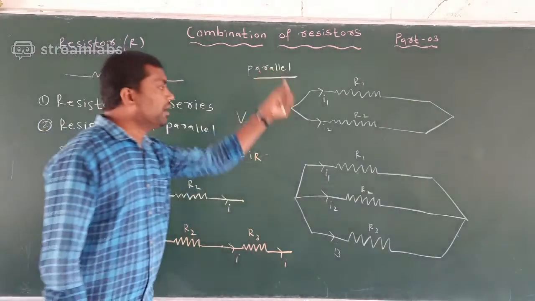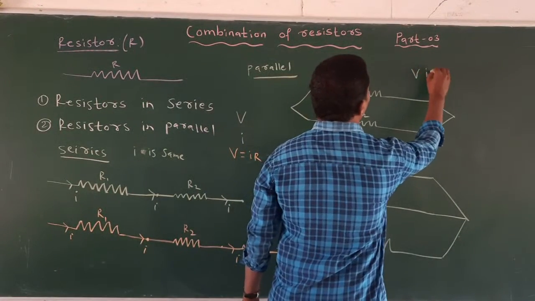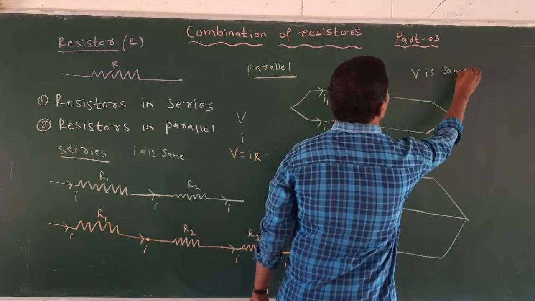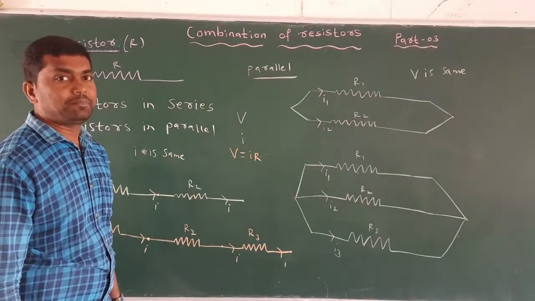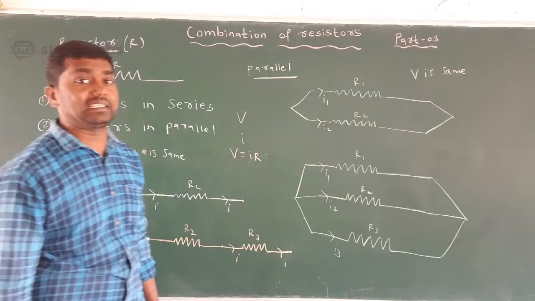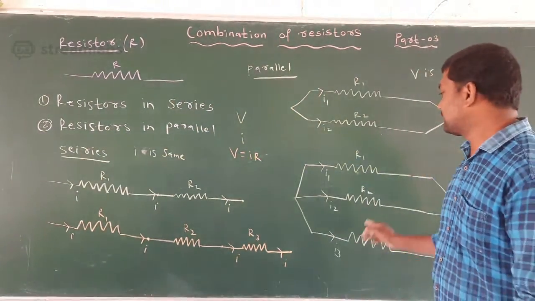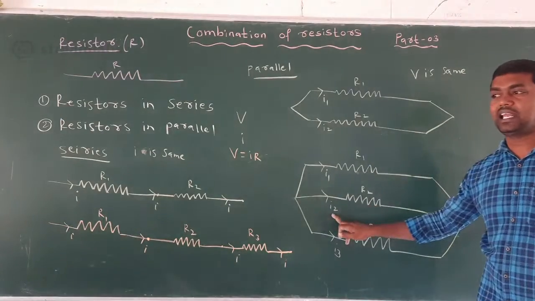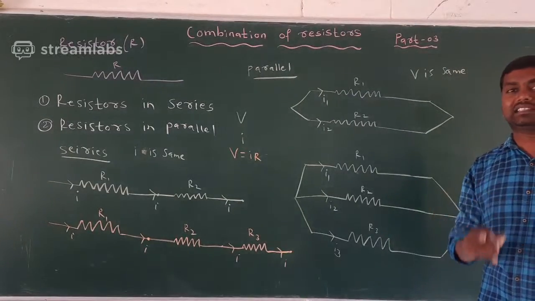But in the case of parallel combination of resistors, the potential difference V is the same, and the electric current will be different. The current at R1 is I1, at R2 is I2, at R3 is I3.